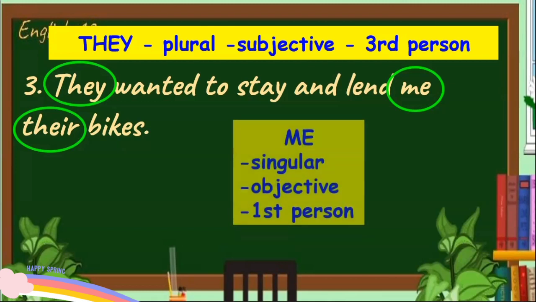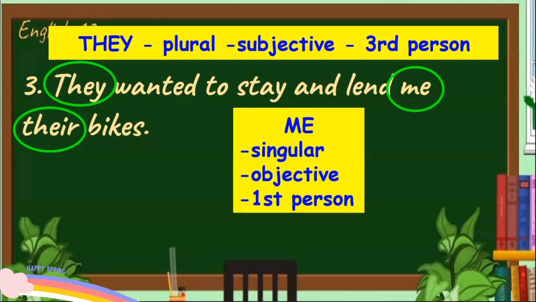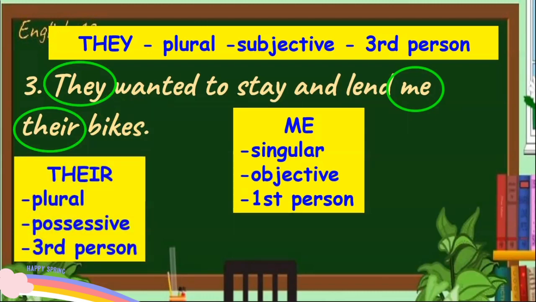It is an indirect object. Next, the person, it is first person point of view or the speaker. Okay? And then we are down to the last pronoun. We have their. Their is a plural pronoun in terms of number. Its case is possessive. Yes, because it tells us that they own a bike. And then the person, again, it is a third person point of view.